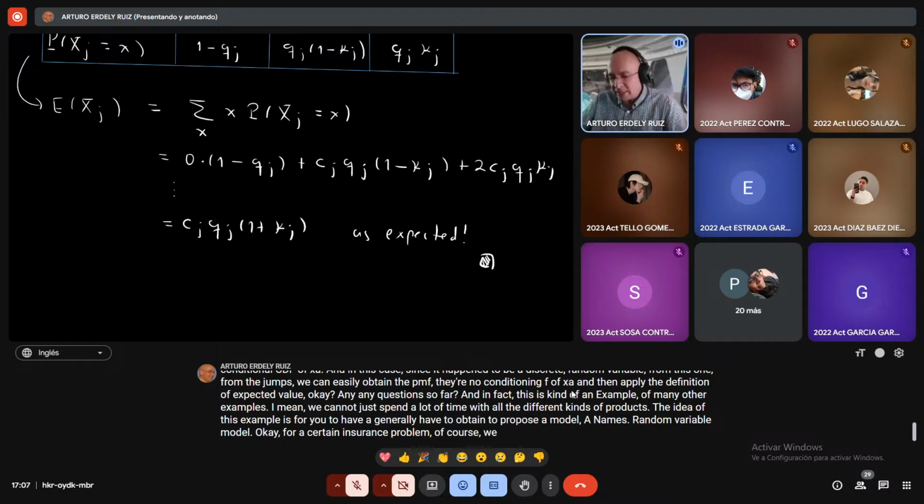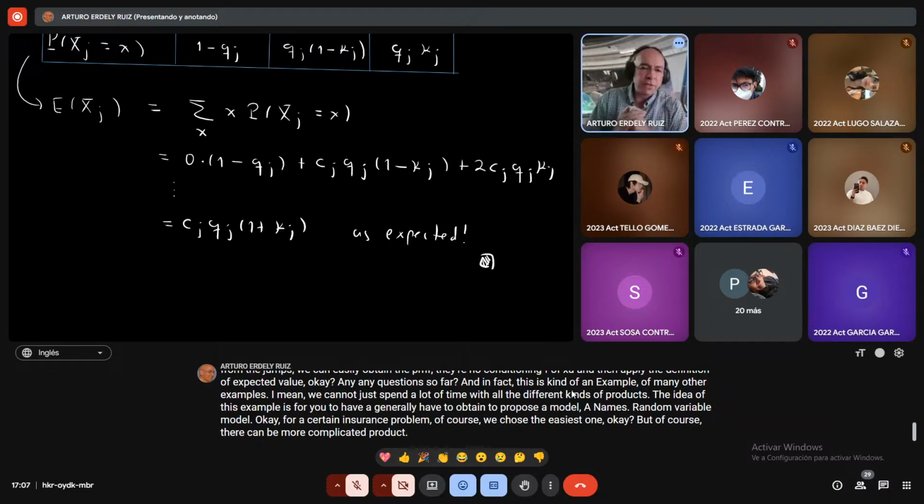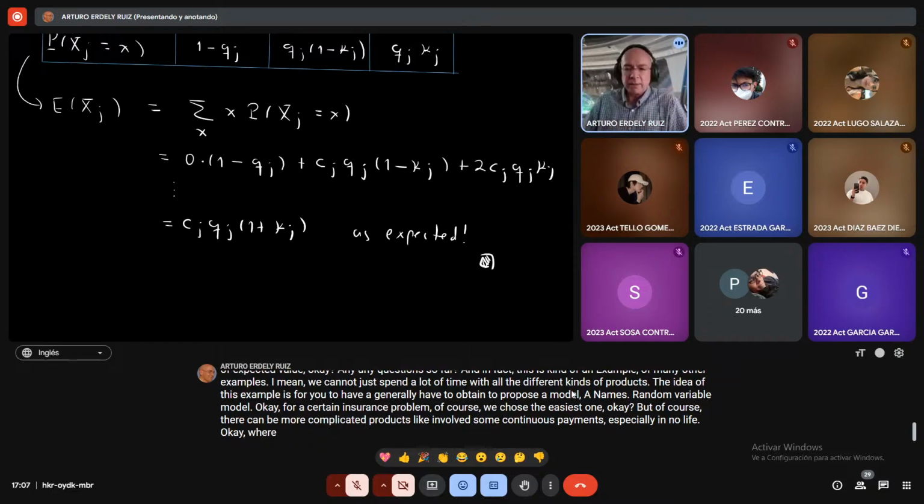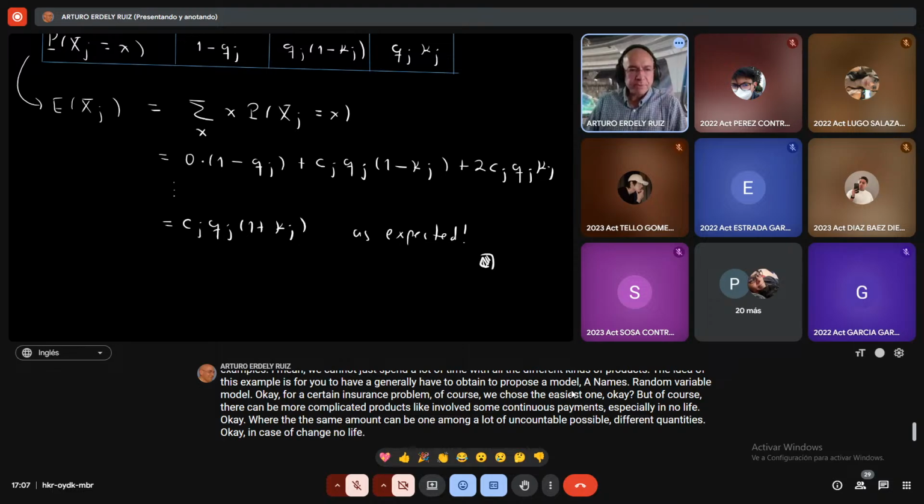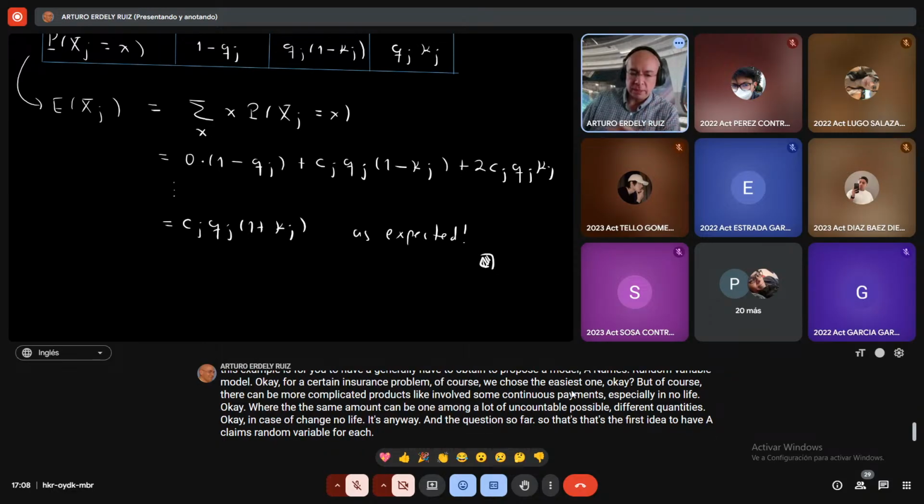Of course, we chose the easiest one, but there can be more complicated products that involve continuous payments, especially in non-life, where the claim amount can be one among uncountably many possible quantities. Anyway, any questions so far? So that's the first idea, to have a claims random variable for each policy in a portfolio.